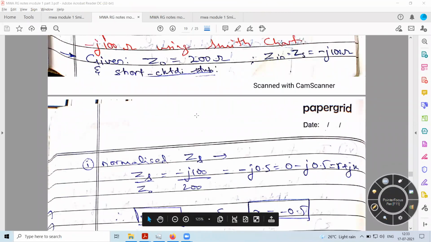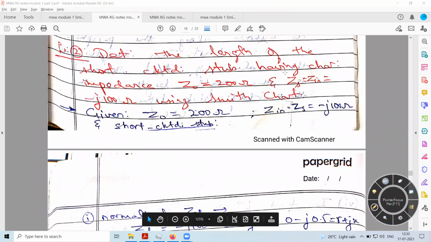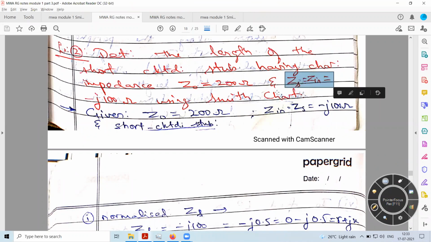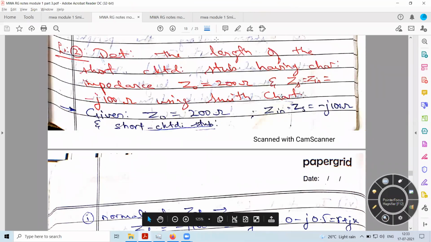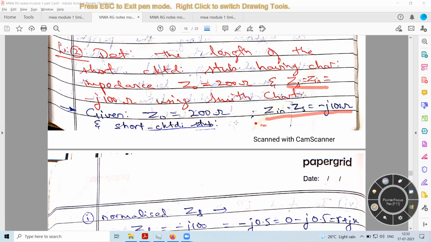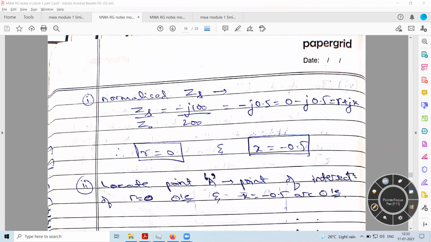In order to utilize this Smith chart, we first need to normalize the parameters. So we need to normalize the input impedance. That is Zn, which has to be divided by the characteristic impedance value for it to be normalized. That is the first step.